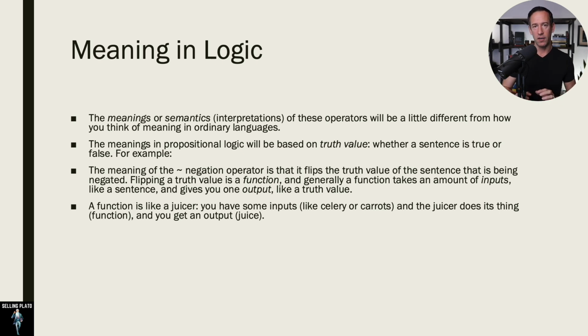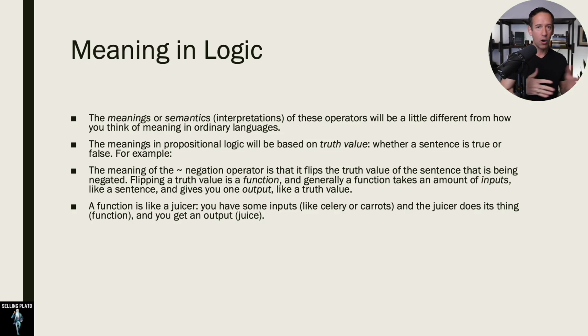A function, if it helps, you can think of it like a juicer. You have some inputs, like maybe you're going to put celery in, or carrots in. Those are your inputs. You press that into this machine, this functional thing, and then the juicer does its thing, it functions, and you get one output, the juice.